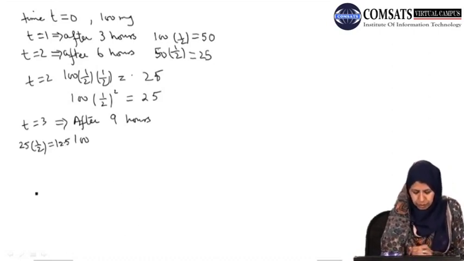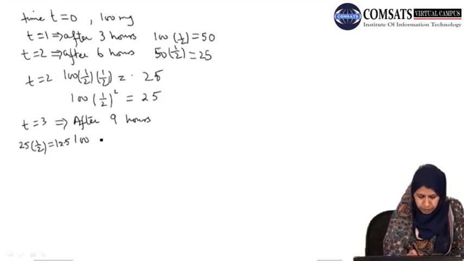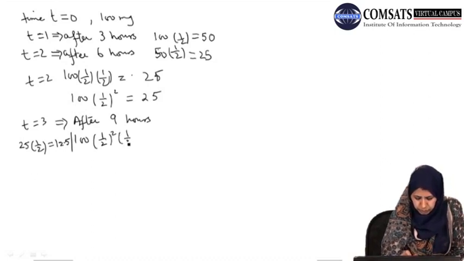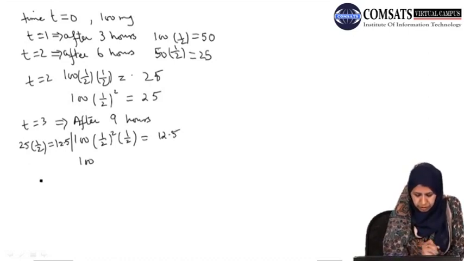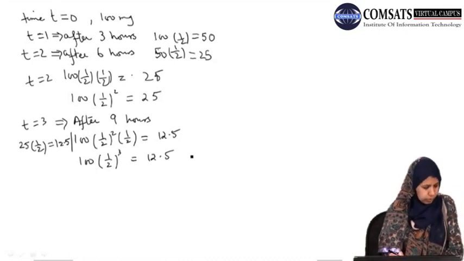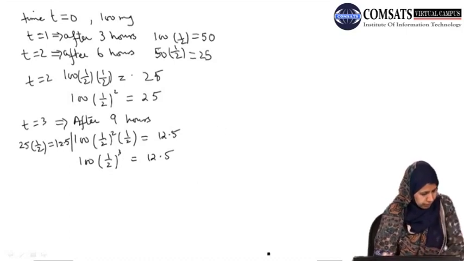By putting the value of 25 from the previous equation, we obtain 100 into (1 by 2) square into 1 by 2 is equal to 12.5, and simplifying, this is 100 into (1 by 2) whole cube is equal to 12.5.